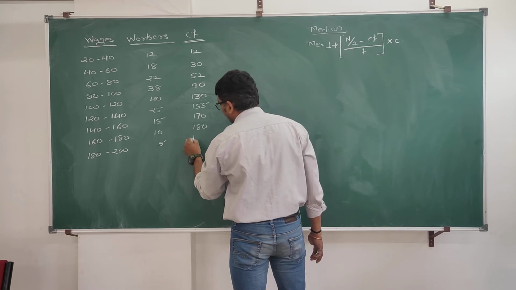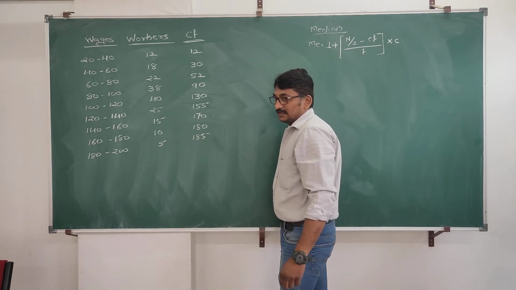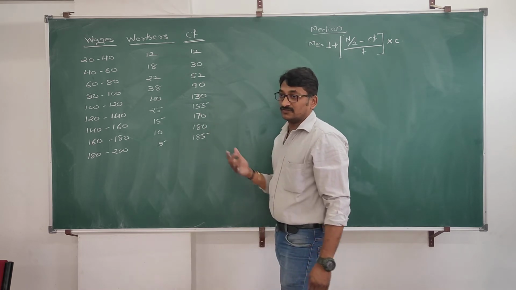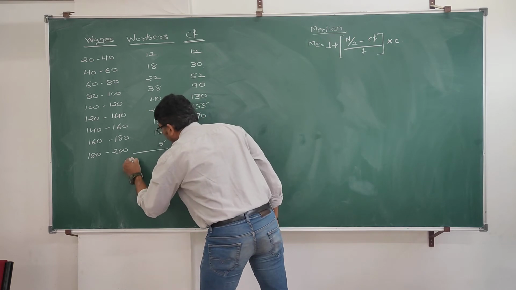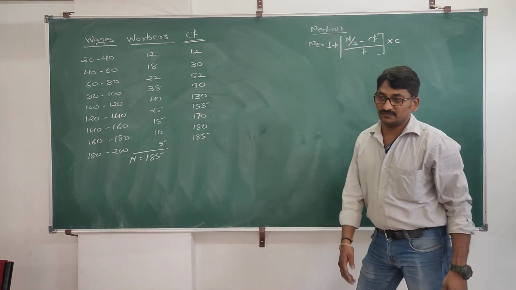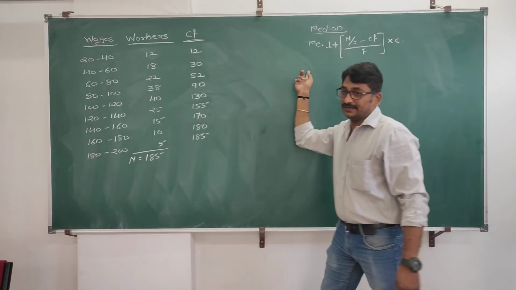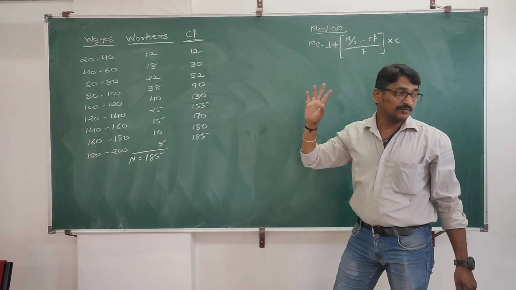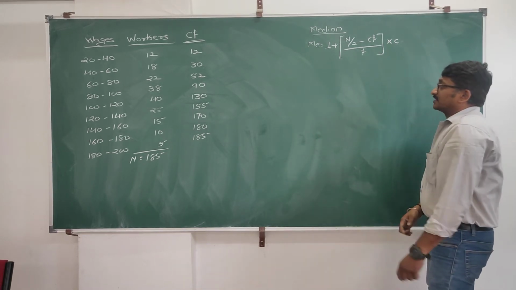And 180 plus 5, 185. Correct? I think this CF column you have studied in case of group series also. Same procedure. So your N value must be 185. That is last value of your CF. And this is the only column required to calculate median. Okay? Now we will start.